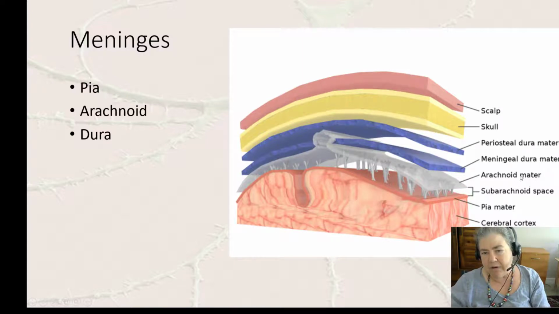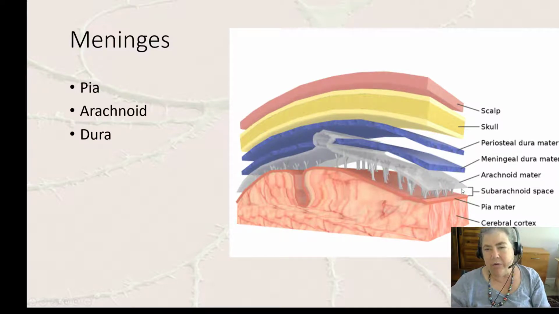Part of what makes it spider webby is that there are tons of tiny veins and vessels in the space between the arachnoid mater and the pia mater.